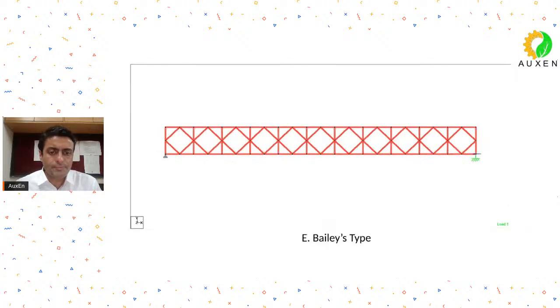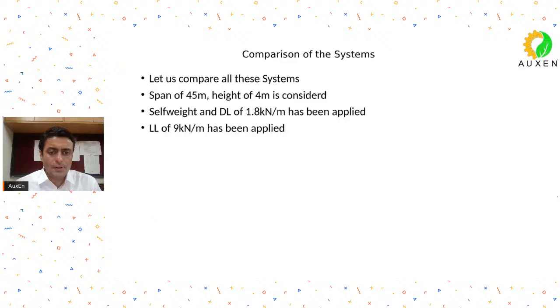So, yeah, we are going to take a standard span of 45 meters, and the height of the truss bridge will be taken as 4 meters. The self-weight will already be considered by the STAAD software.